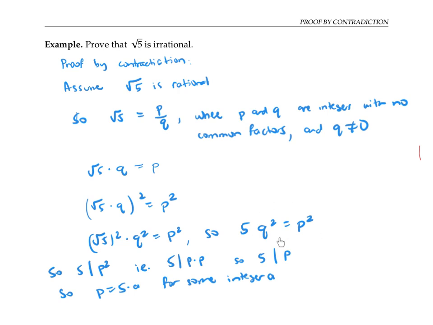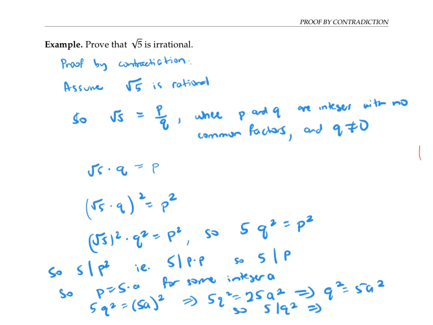Going back to this equation here, we can substitute in 5a for p and get that 5q squared is 5a quantity squared, which means that 5q squared is 25 times a squared. Dividing both sides by 5, we get that q squared is 5a squared, and that means that 5 divides q squared, so as before, 5 divides q.